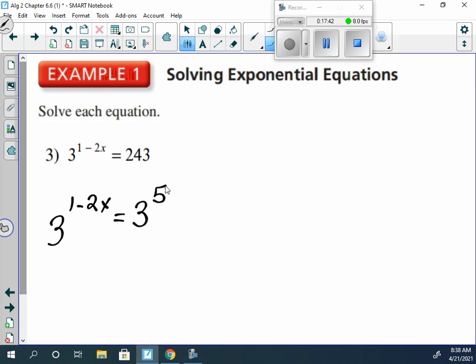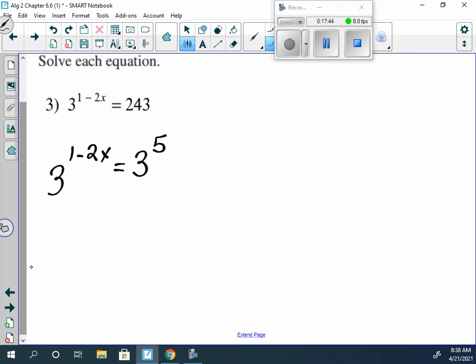We can keep increasing the power of 3 to see when we get to this point. But it does tell us that both bases are 3. We're able to get them so that both bases are the same. Which means for us that 1 minus 2x is equal to 5. Almost. Minus 1 from both sides.